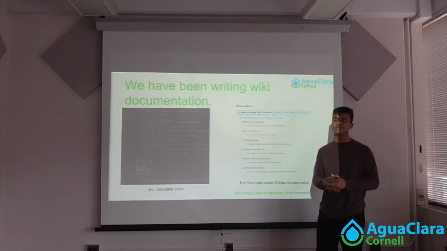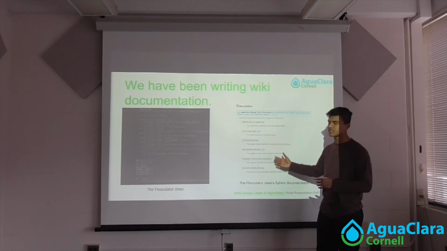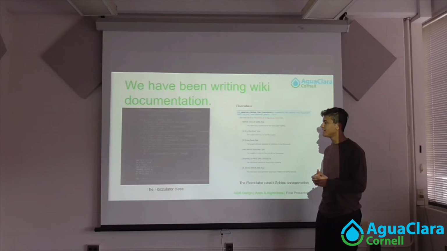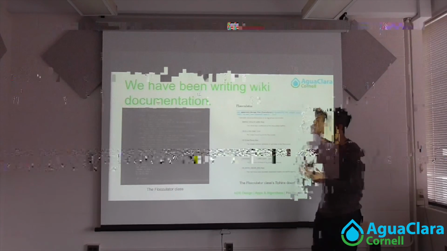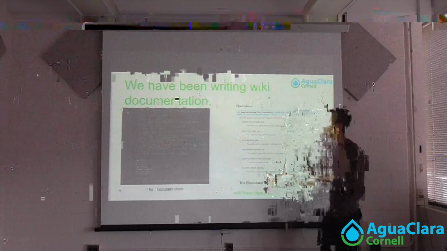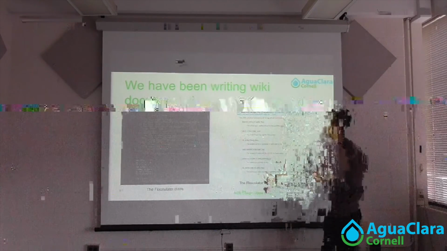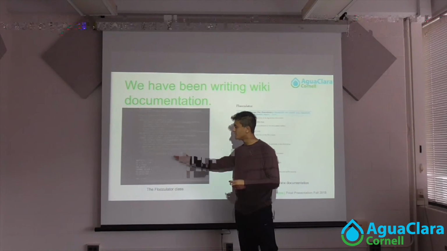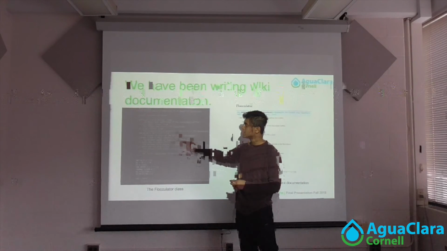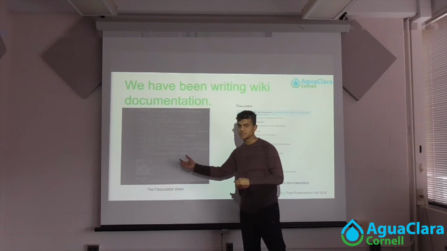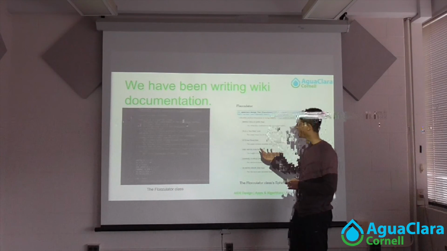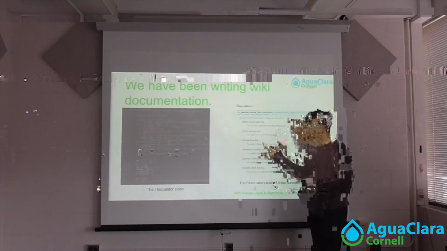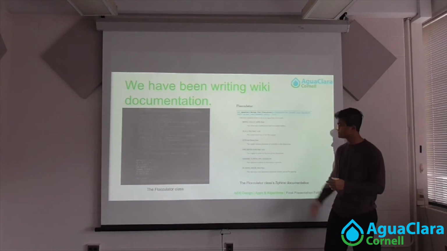This makes it easier for users to understand how to use the actual Aquaflower package, and in the future we plan to add documentation on how to install the package as well as how to contribute to it. So each variable in the class has an entry in the docstring, and then this docstring is transferred to the wiki in a more readable format, so it's easier to understand.